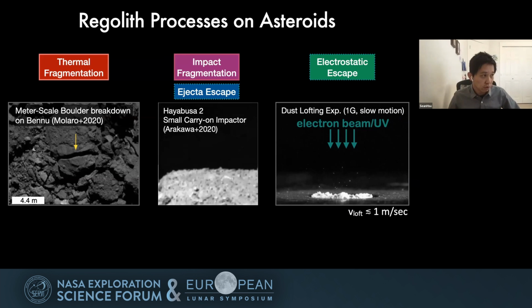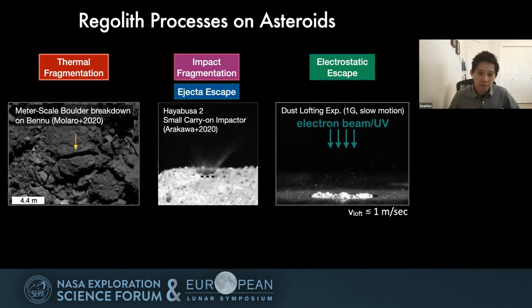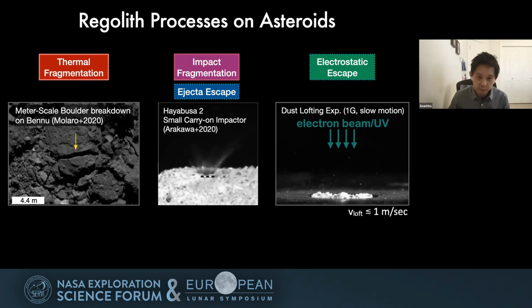We can also have impact processes that produce fragments, and depending on the escape speed of the body, how much it can retain its materials, we can have a removal process that, in contrast to thermal fragmentation, will remove material, likely smaller pieces, from these airless bodies.